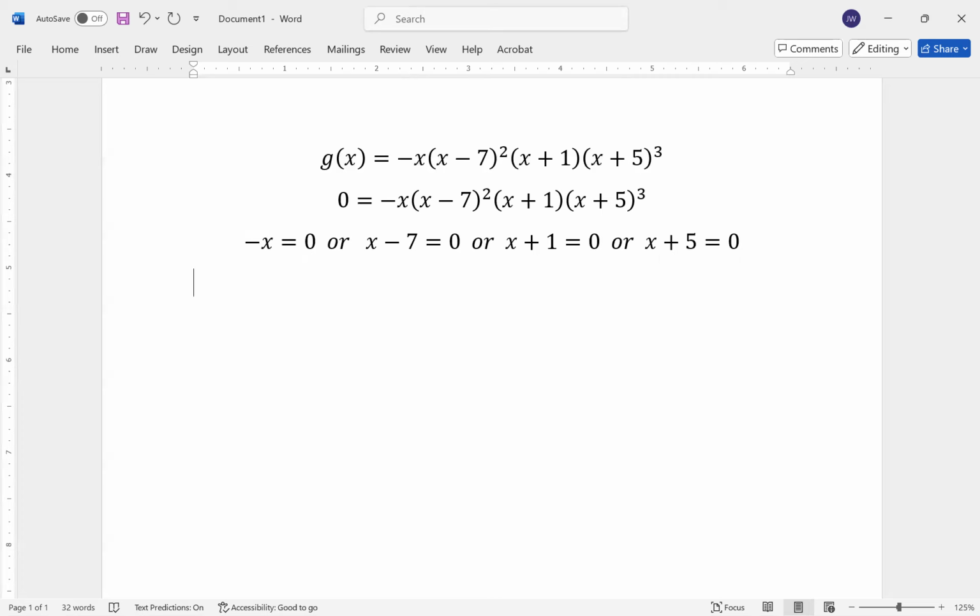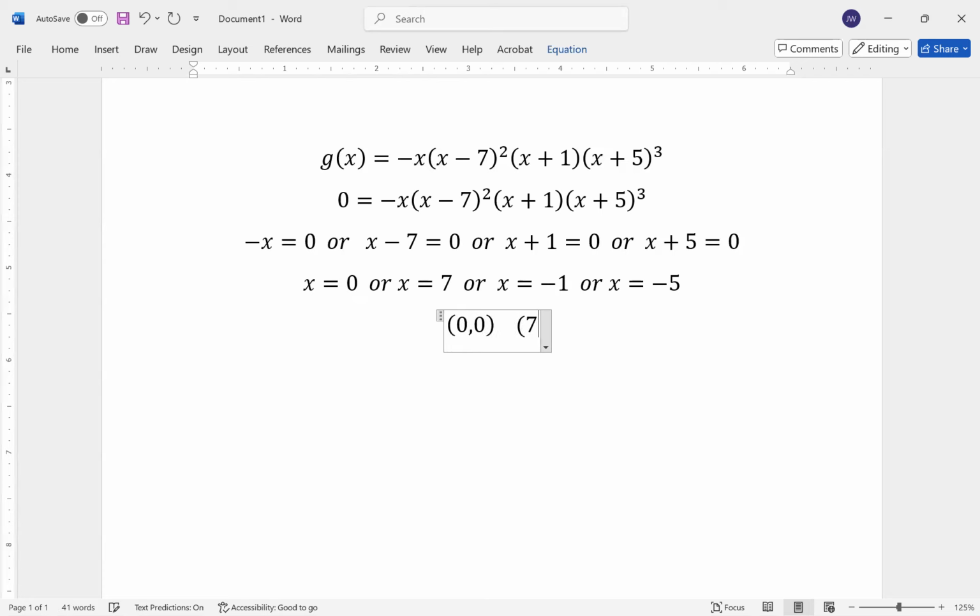This gives me 4 different values that are zeros of my function. 0, 7, negative 1, and negative 5 are all zeros of my function when I solve each equation. That means the graph of this g of x is going to have 4 x-intercepts, one of which is going to be 0, 0, or the origin.